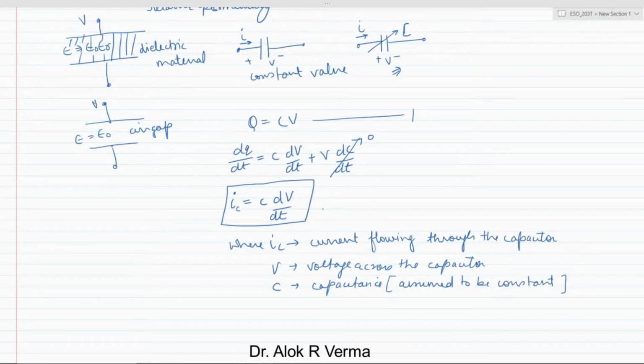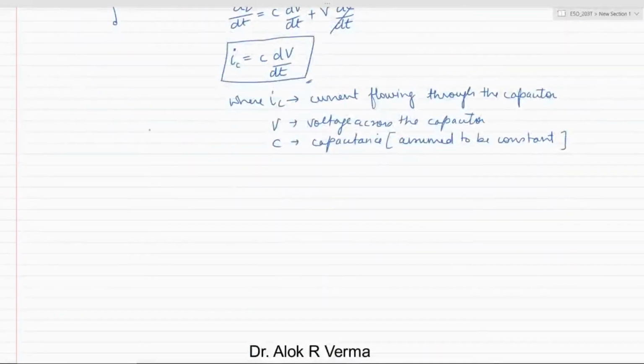This is the current which is flowing through the capacitor. So for the voltage and current relationship, if you want to have the voltage, then voltage will be the integration of the current.